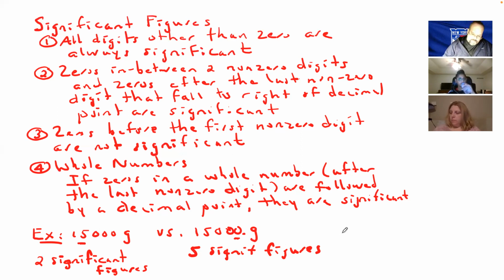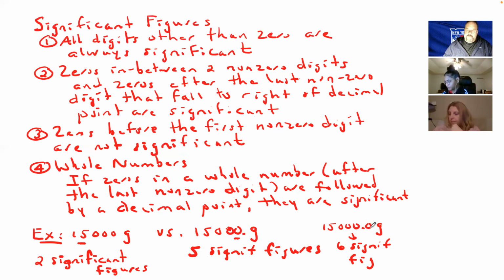The other thing just to mention is that if we actually had 15,000 decimal point 0 grams, then this number here would have 6 significant figures. And the reason is that this 0 on the end is after the last non-zero digit and is to the right of the decimal point.